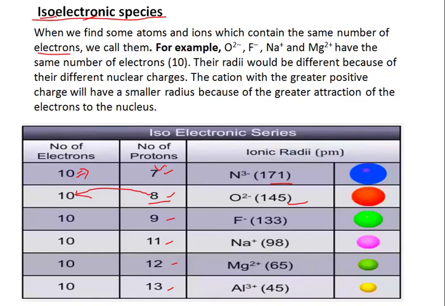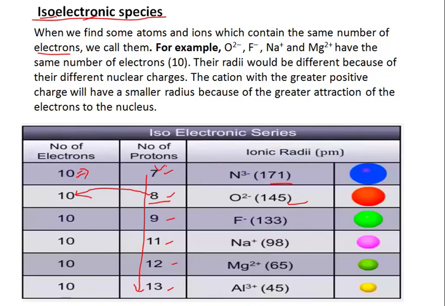They have same number of electrons, but they have different protons. And due to this variation in electron to proton ratio, the size tends to vary. So isoelectronic species, although they have same number of electrons, the size or radii will be different.